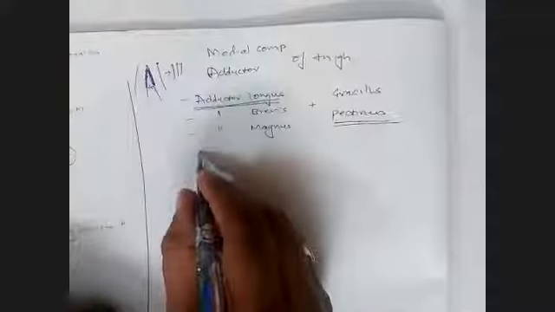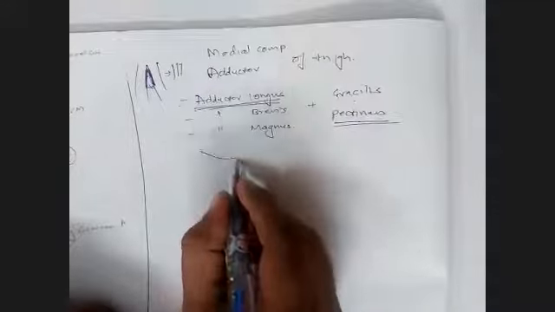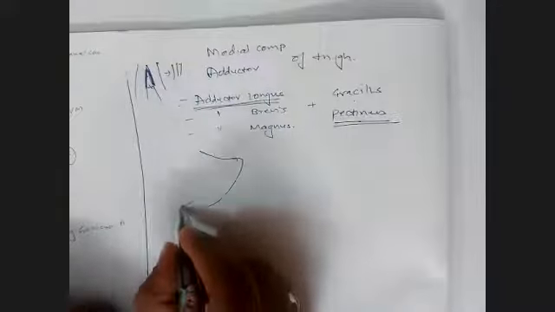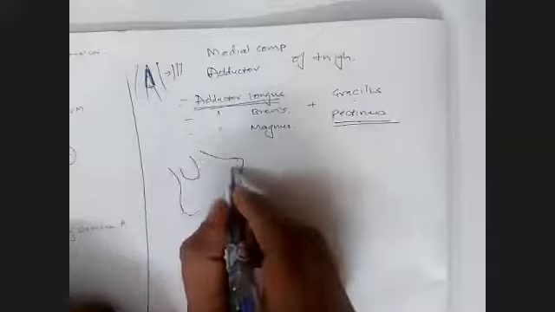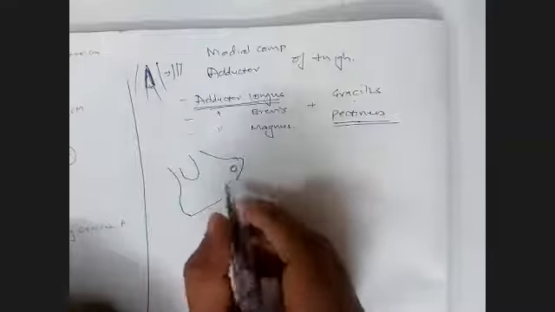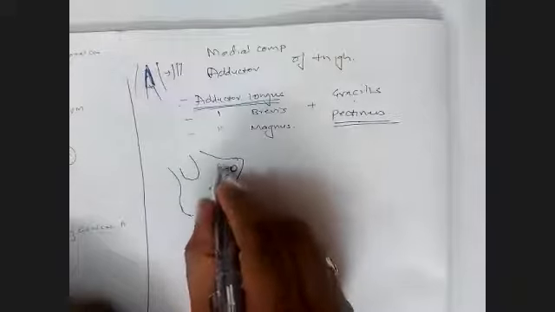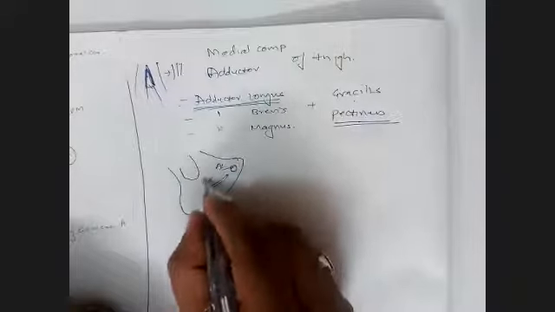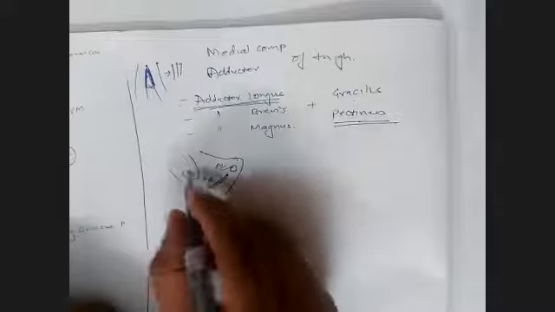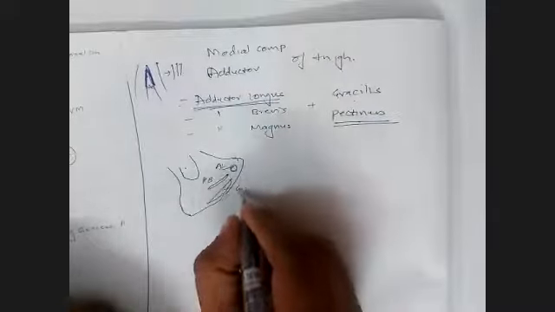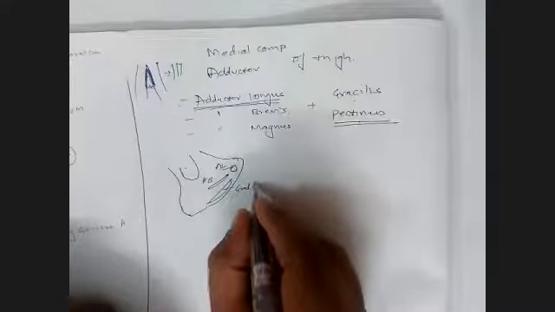If you see the hip bone, especially the pubis from the external aspect, on the pubis we see the origin of adductor longus like this. Then there is the origin of adductor brevis. This is the obturator foramen. Then this is the origin of the most medial muscle, that is gracilis.